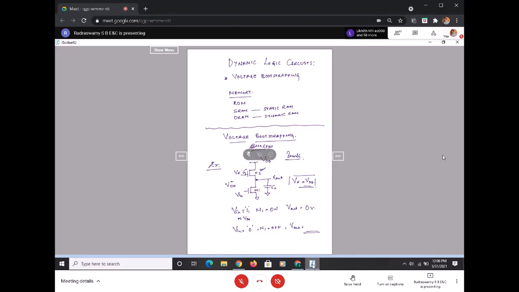It is VDD minus VTN. I will take it as VT2 because it is the threshold voltage of this transistor. Because now this M2 is simply acting as what? My M2 is simply acting as what now?